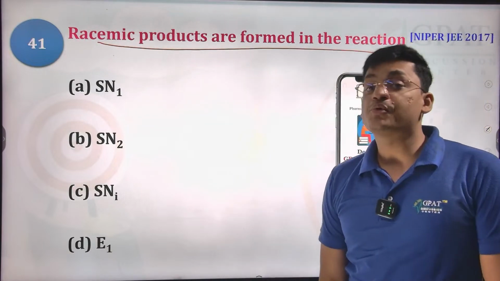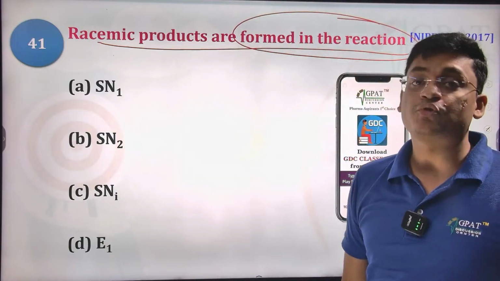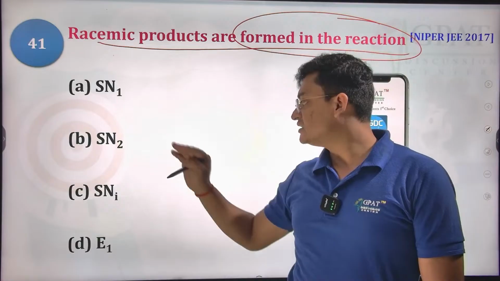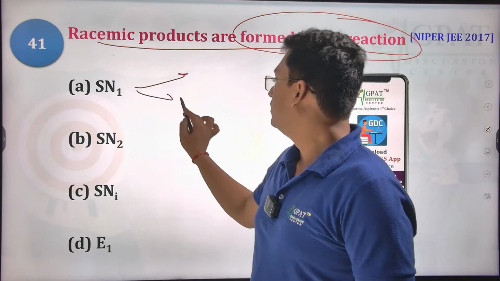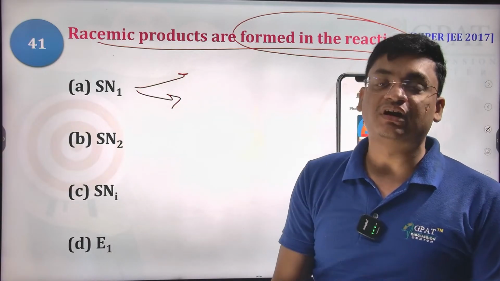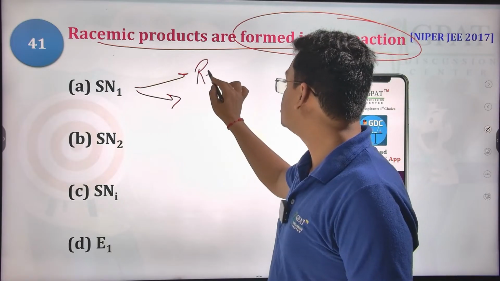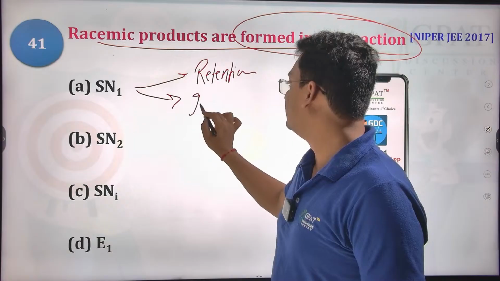Moving to the next question, racemic products are formed in the reaction. So racemic products can be seen in which kind of reactions? SN1, SN2, SN1 or E1. SN1 can have, due to the carbocation intermediate and the planar geometry of the intermediate, both retention as well as inversion.